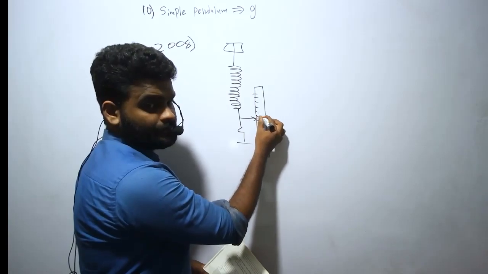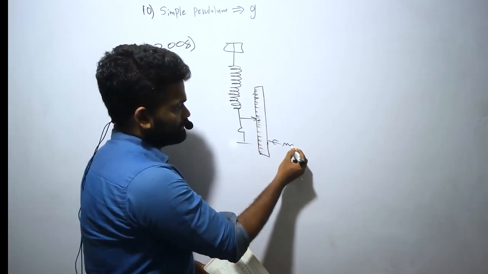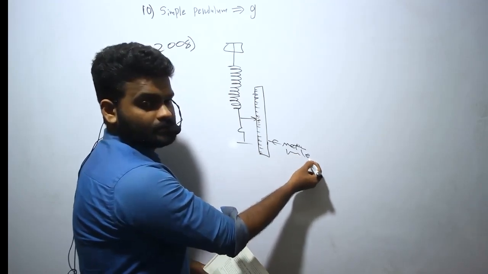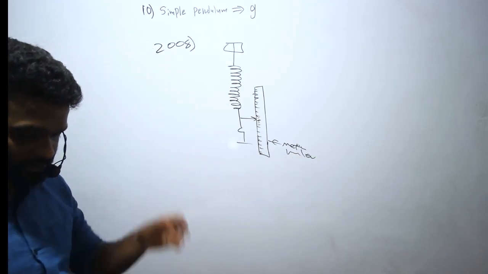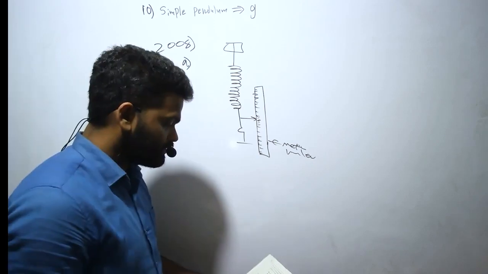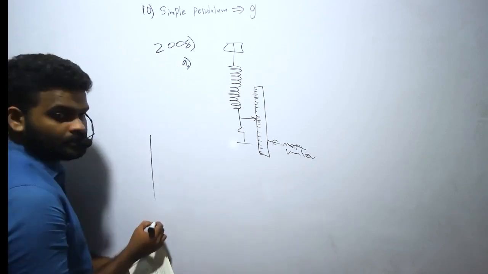Mark these calibrated marks. So this becomes the meter ruler. Okay. So that is what you have to draw. Okay, simple B part.